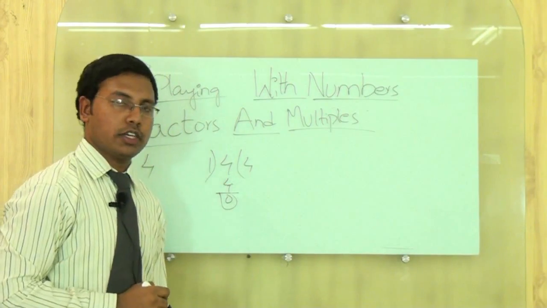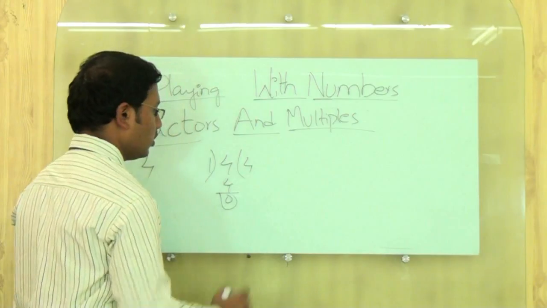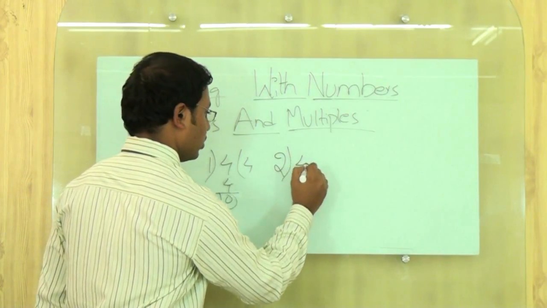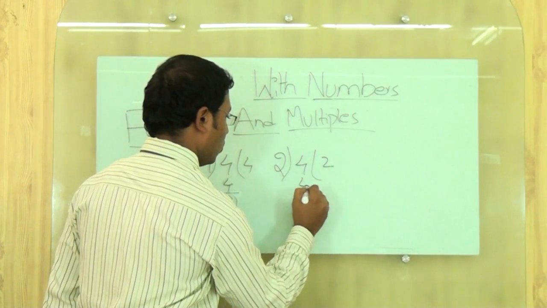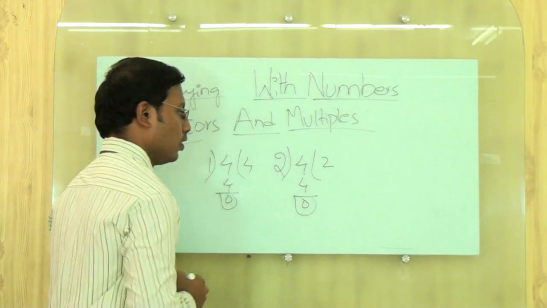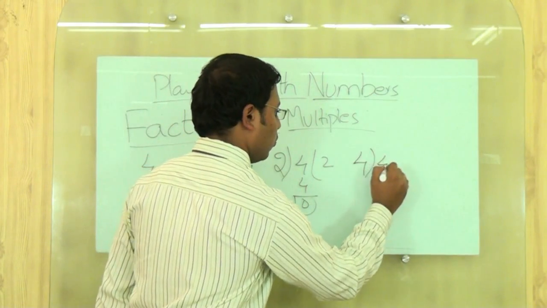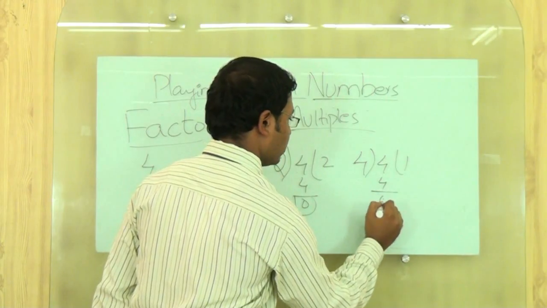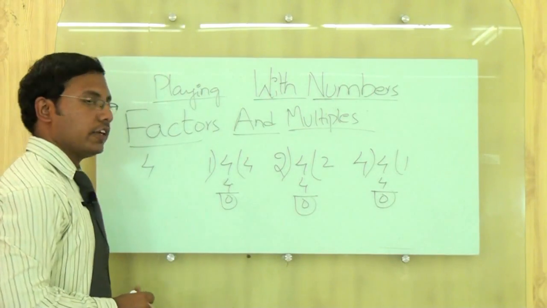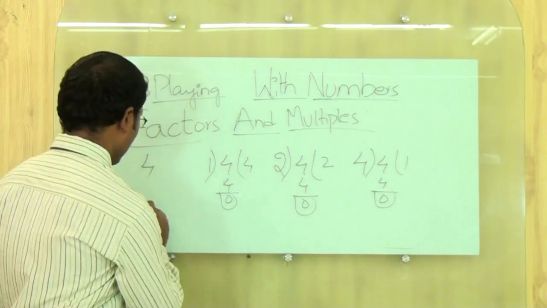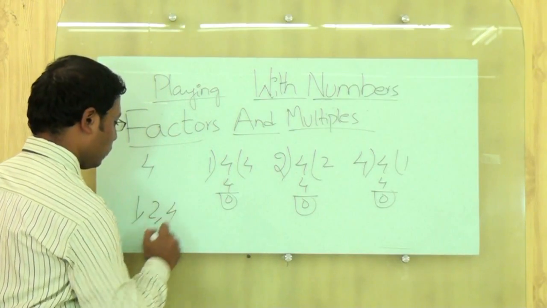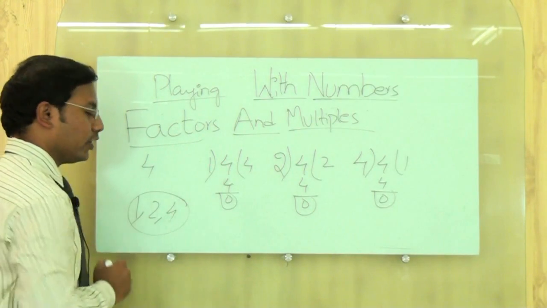Hence the number 4 is exactly divisible by 1. Similarly 2, that is 2 twos are 4, remainder 0. Similarly 4, that is 4 one times is 4, remainder 0. Therefore the factors of the number 4 are 1, 2 and 4. These are the 3 factors of the number 4.